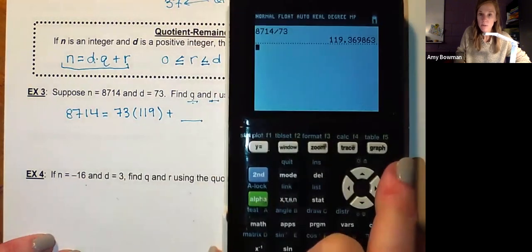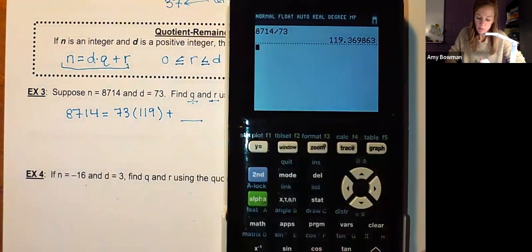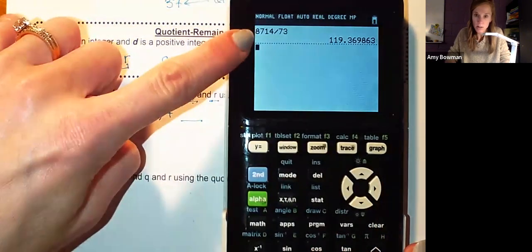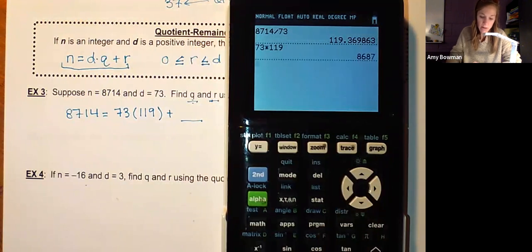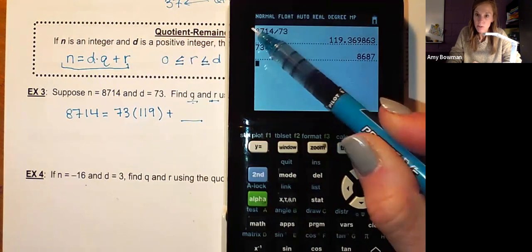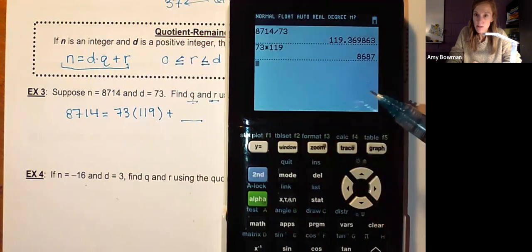So if I want to know what's left over, well, since 73 goes into our 8714, 119 times, then there's some left over. I would just do 73 times 119 and see how close that gets me to 8714. So 8687. So I just need to figure out what's left over between my original dividend, 8714, and that number right there.